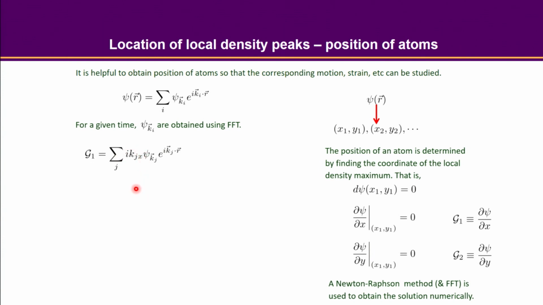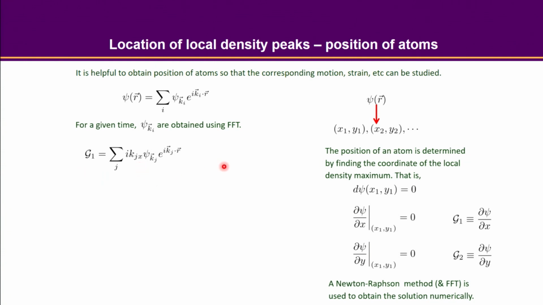So when I take the derivative with respect to x, you get the x component of kj. That's why you have this kjx coming out, and also an imaginary number i in front. As I mentioned, psi k are just numbers, and those kx, ky are also determined by your system size. So they are all numbers.